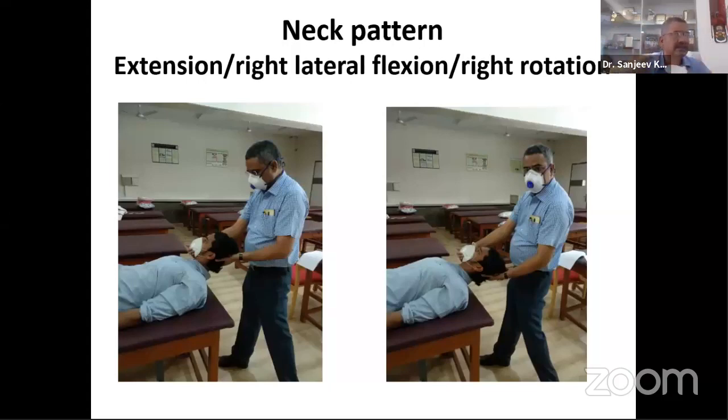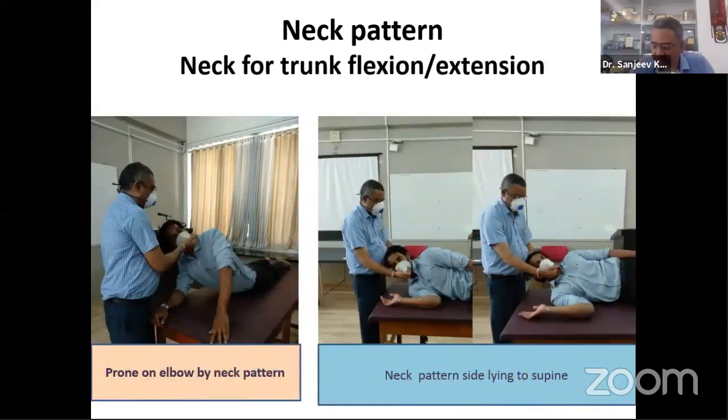Activation of neck muscles, activation of upper trunk muscles, movement of the neck, movement of the upper trunk. So you are using a particular pattern, a facilitatory technique, by giving resistance and by giving quick elongation or lengthening. You are going to get activation of the muscles of the neck and the upper trunk.